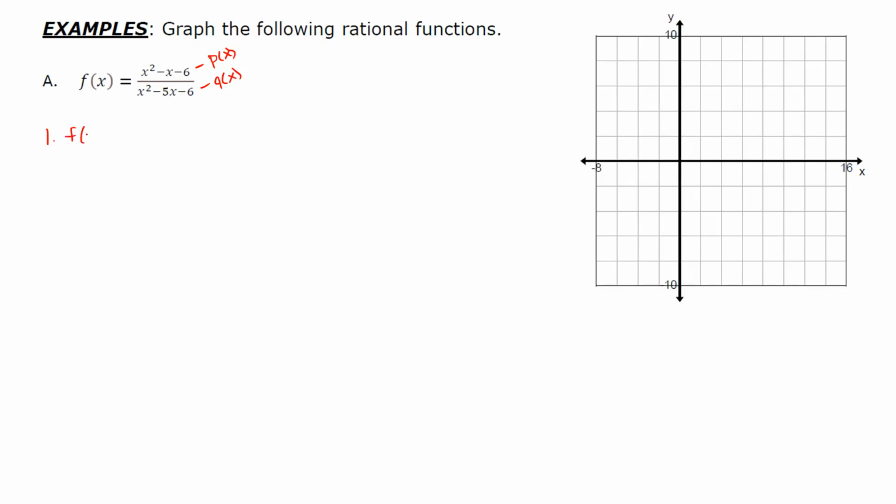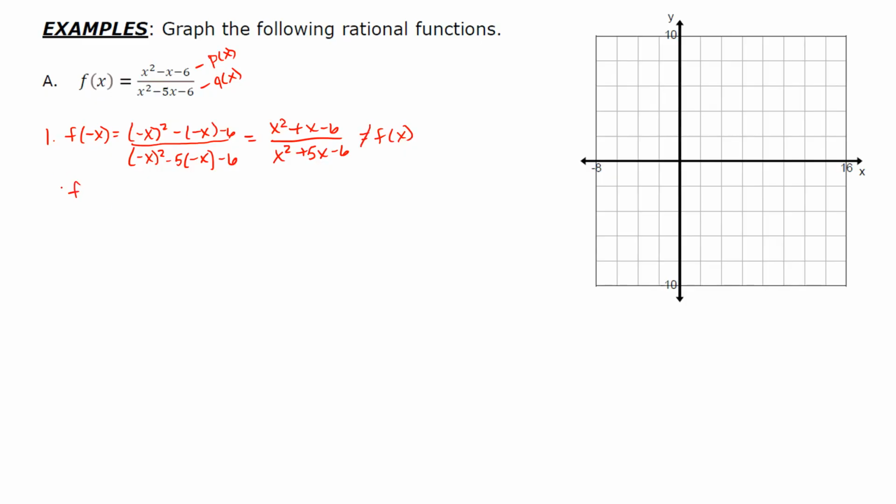So we'll first take f of negative x, substituting negative x in for x, and simplify. We have x squared plus x minus 6 over x squared plus 5x minus 6. This does not equal f of x.